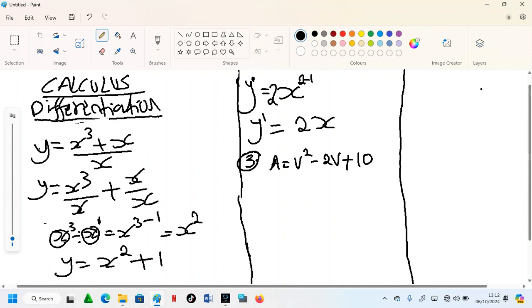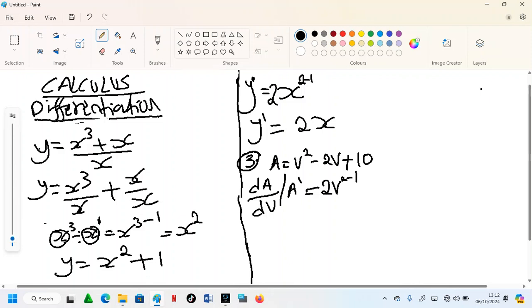So if a is equal to that, we are going to get the derivative of a with respect to v. So we're going to either say dA with respect to v, or simply say a prime, whatever you choose to say, is going to be equal to, drop the power of v, so that we have 2v, and then it is going to be 2 minus 1.